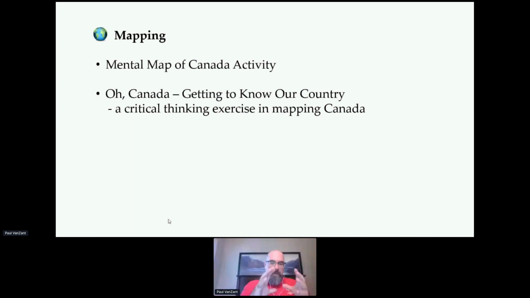But it also allows us to see how we all visualize our country differently, and how to introduce mapping conventions in many ways. I actually do this on the first and the last day of the class, so that the students can see how they've progressed. And thankfully, most of them have done so over the course of a semester.